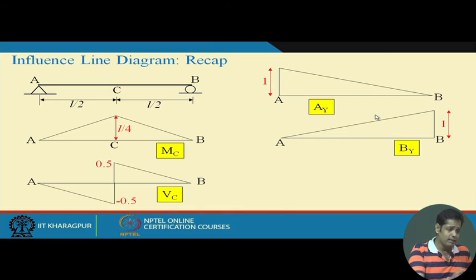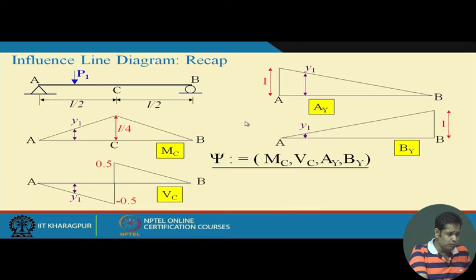Now, what is the application of this influence line? Suppose we have a concentrated load P1 at any arbitrary location. For that particular location, suppose this is y1; these ordinates we can compute from these influence line diagrams. If we know that, then define a general parameter psi, which could be the moment at C, shear at C, reaction at A or reaction at B, depending on the context.